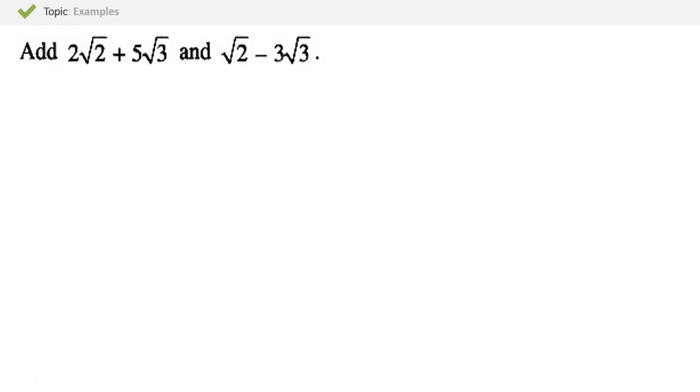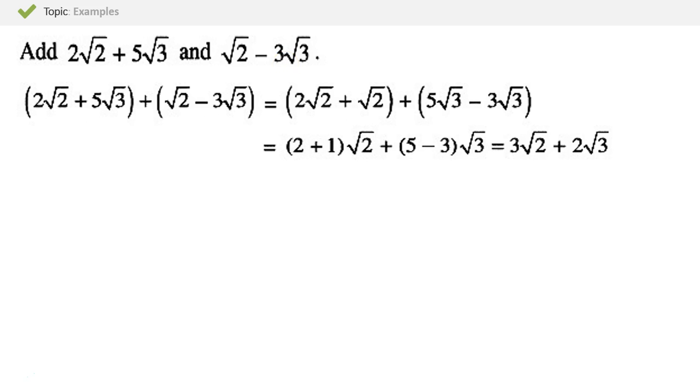Now let's talk about some examples. If I have to add 2 square root of 2 plus 5 square root of 3, and 2 minus 3 square root of 3, how can we add them? In order to add these two numbers, I'm going to combine the square root of 2 terms together and the square root of 3 terms together.